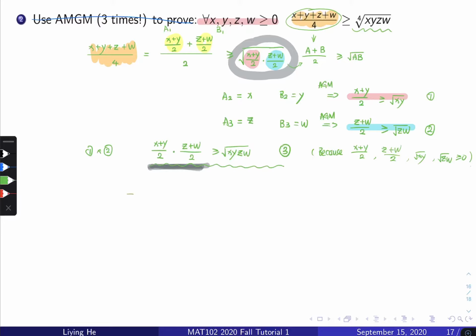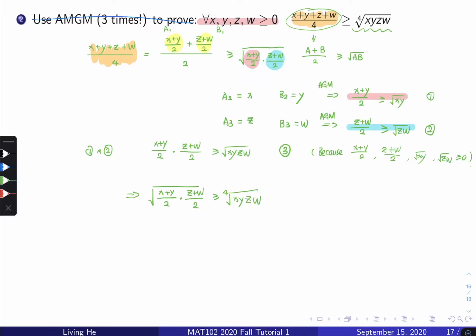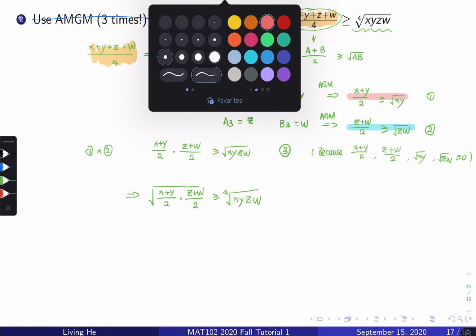Now let's take the square root on both sides. You'll get the square root of (x+y)/2 times (z+w)/2 is greater than or equal to the fourth root of xyzw. Alright, once you take the square root, you'll see that, oh, we're almost there. Why is that? Let me choose another part.